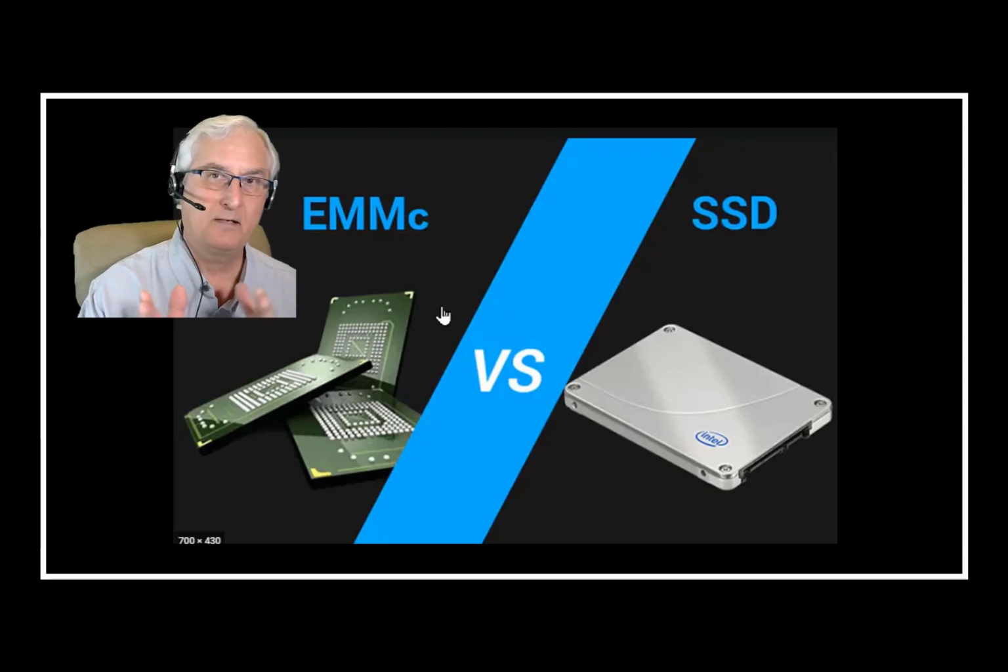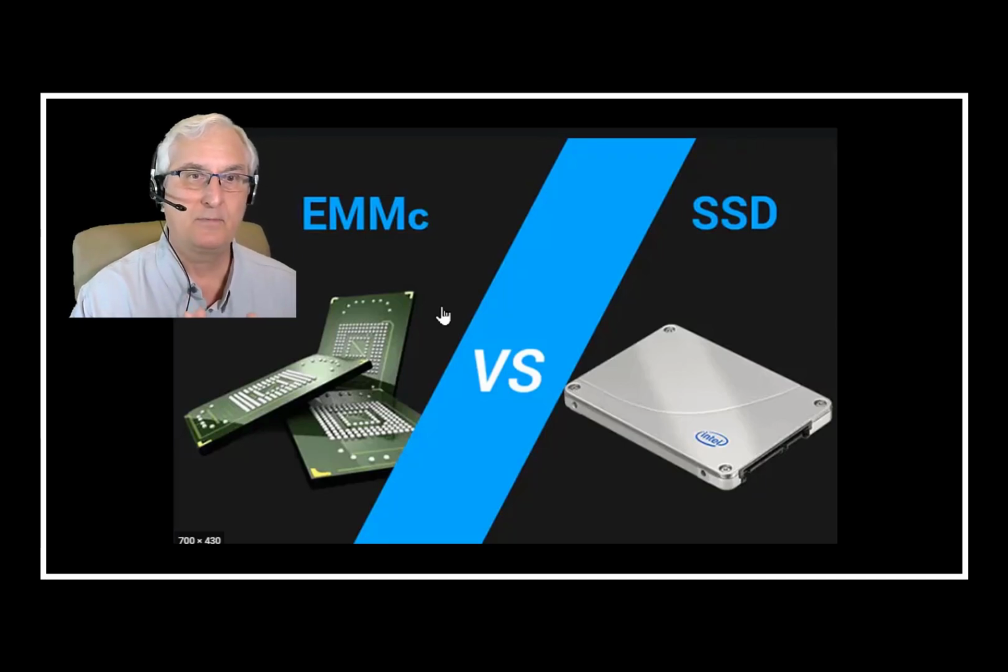But I want you to think about eMMC memory as sort of one-lane traffic. And to keep the speed up, we limit the data moving over one lane. Whereas a solid state drive, I want you to think of as a 4-lane highway with lots of traffic moving up and down at the same speed as the one lane. So with an SSD, we can move larger amounts of data at the same speed as an eMMC.